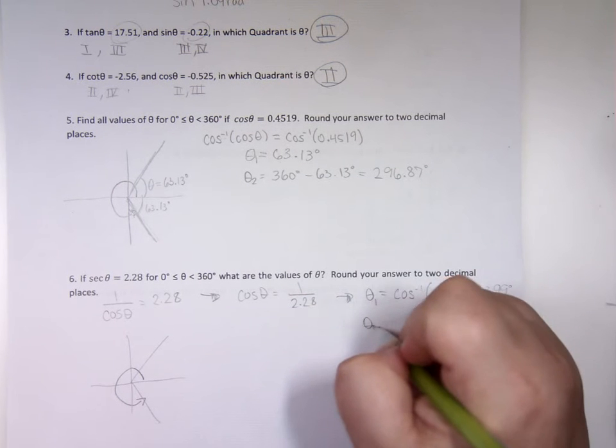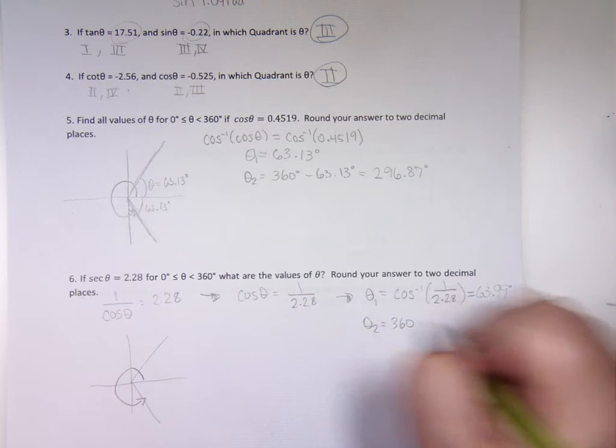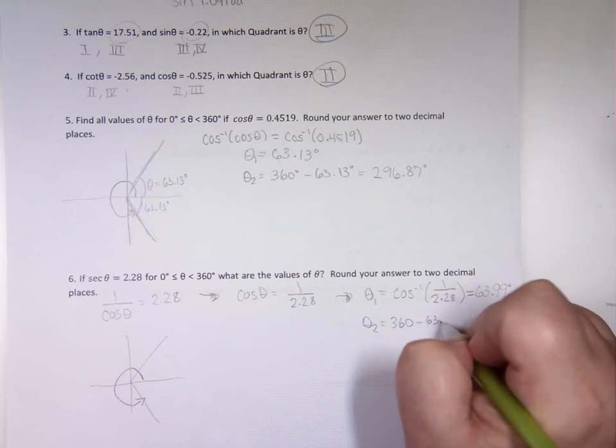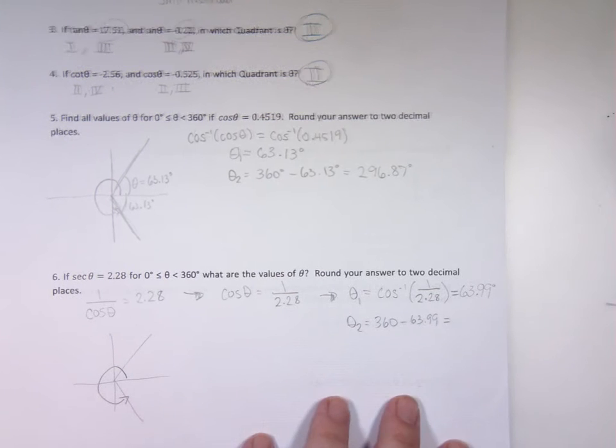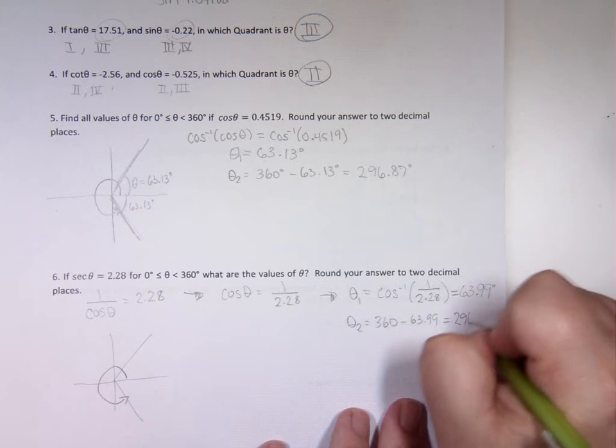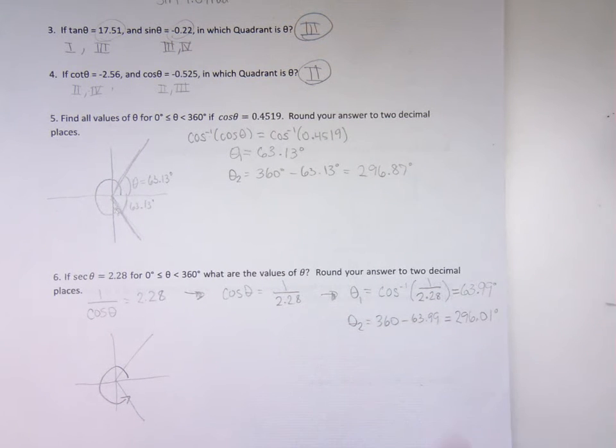Theta 2, 360 minus 63.99, that's going to be 296.01 degrees.